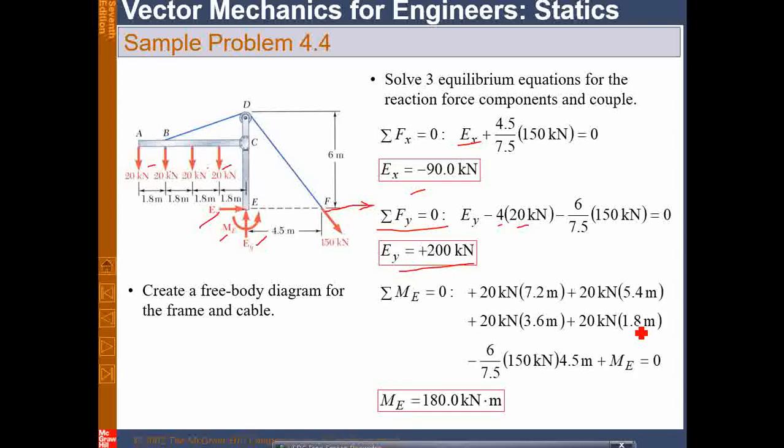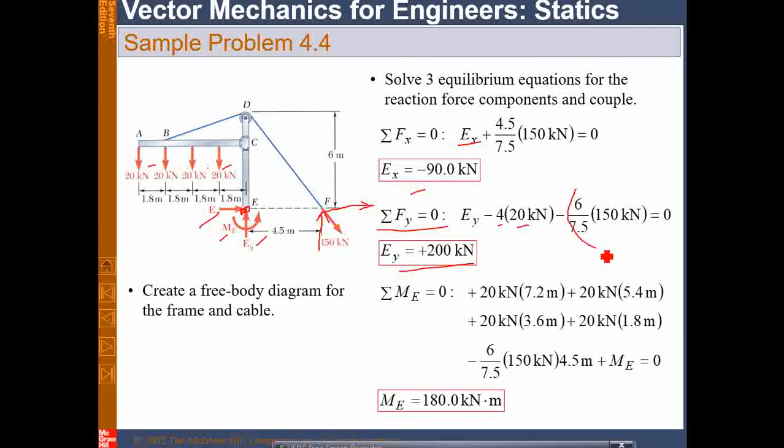Now the moment balance. The moment balance is very simple because we have to find the moment from the point E. This is the fixed support. So we'll take these 20 times 7.2: moment of this times this distance, moment of this times this distance. Of the force, which component will be active?